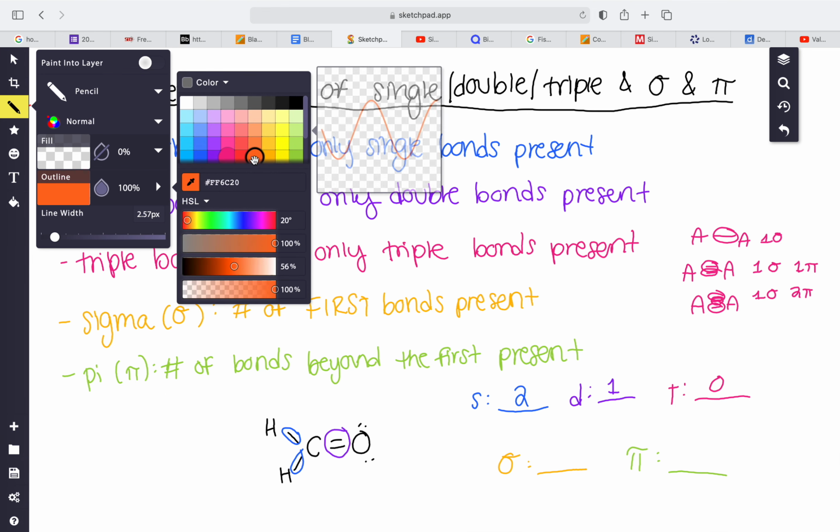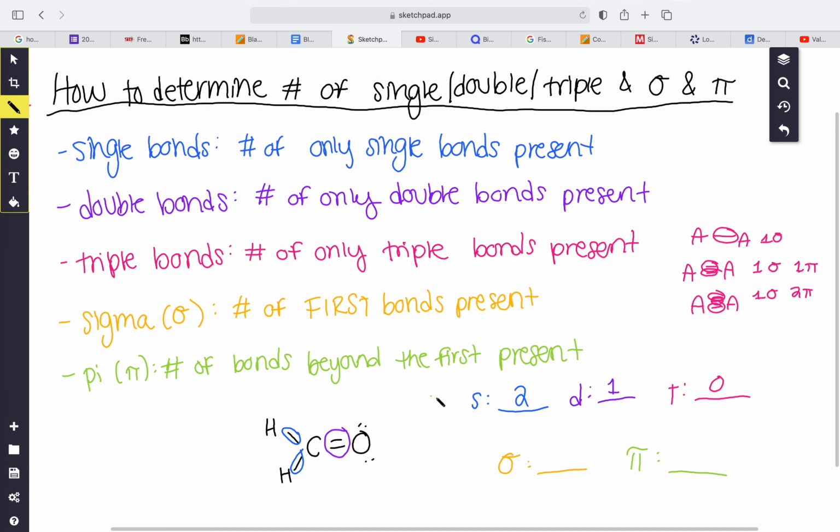All right, sigma. Sigma is going to be the first bonds present, so this is a first bond present, that's a first bond present, and this is a first bond present. So we're going to have 3 first bonds present. How I also count them quickly is, if there's a long chain of them, I just count how many bonds there are in general present, right? So we can go 1, 2, 3. And that's how many sigma bonds there are.